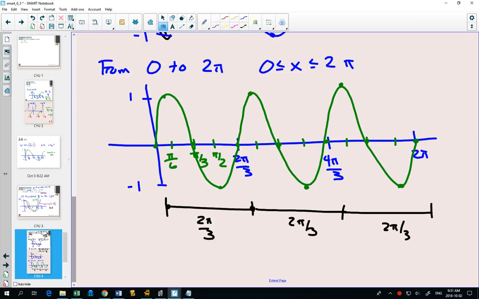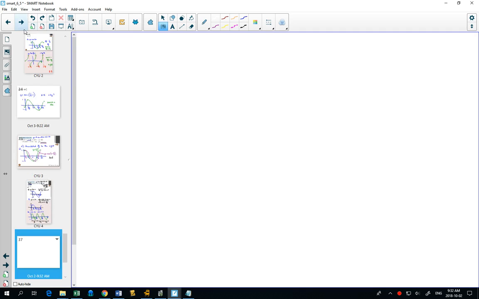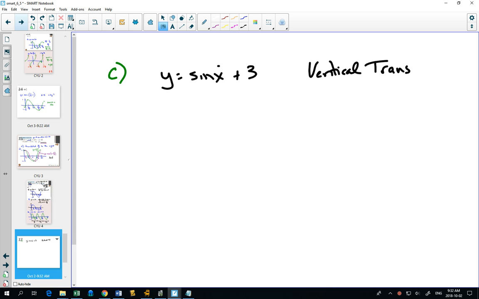And finally, part C. Part C was saying, let's graph y equals sine x plus 3. From our transformations unit, that is a vertical translation, three units up.